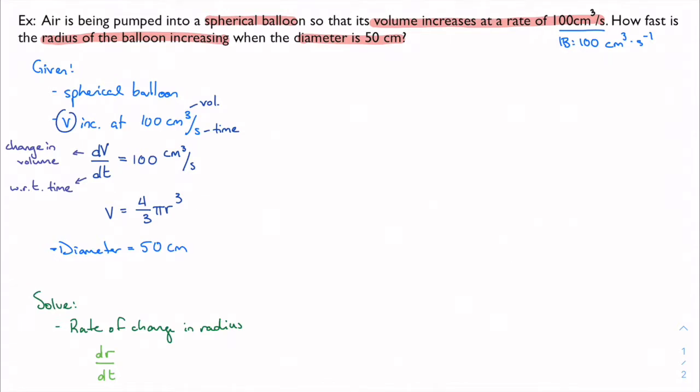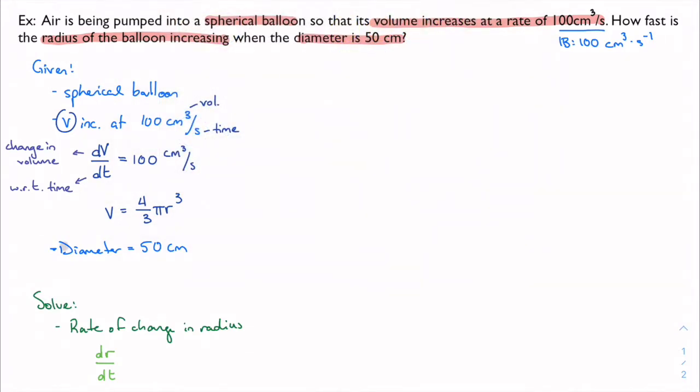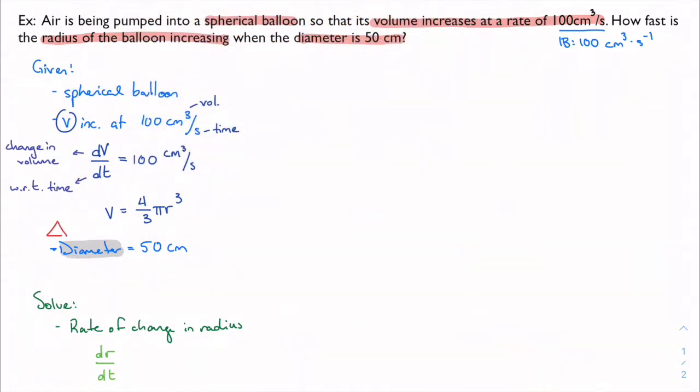Again, using logical variables. The fact that they gave you the diameter should raise all kinds of red flags. Right? The fact that they gave you diameter, you should be careful. This is meant to throw you off.